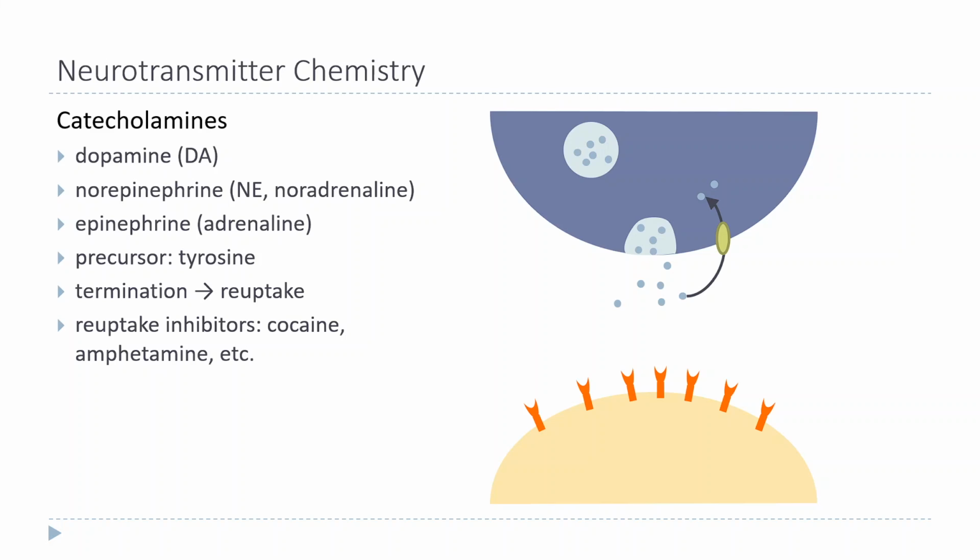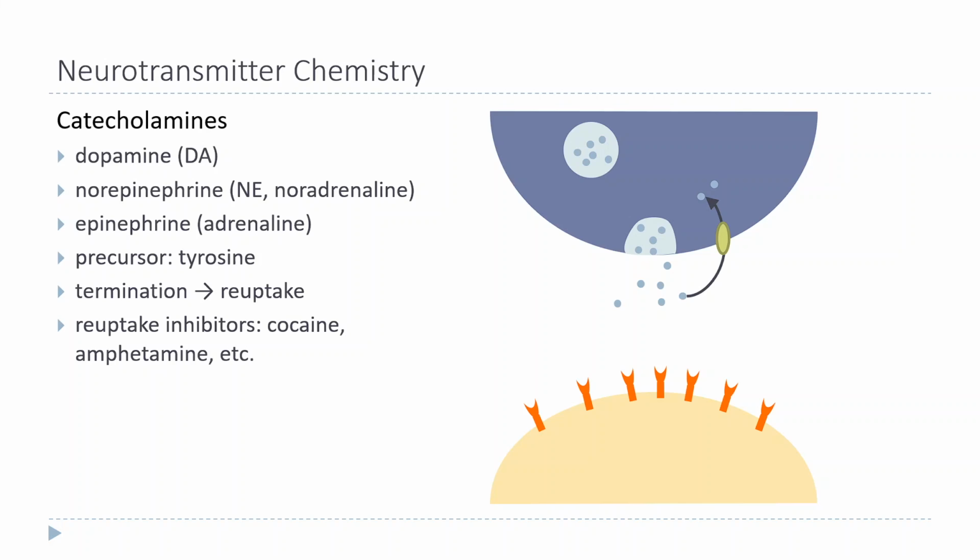And in fact, there are a whole bunch of drugs that act as catecholamine reuptake inhibitors. Cocaine and amphetamine are probably two of the most well-known. So again, they work by blocking the transporters that would remove those molecules from the synaptic cleft, which means they stay around in the synaptic cleft longer, which means that those synapses are just more effective.